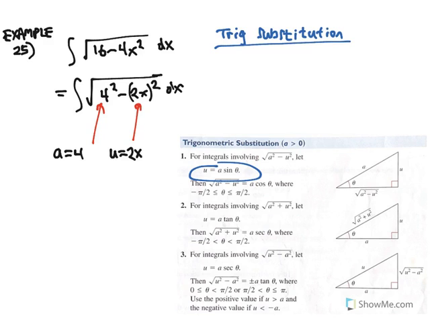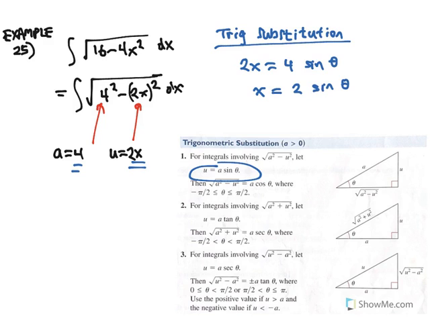Our trig substitution is: let u, in our case 2x, be equal to a, in our case 4, times sine theta. We can divide both sides of our equation by 2 and get x is equal to 2 times sine theta.